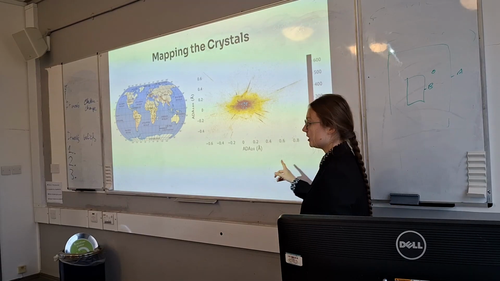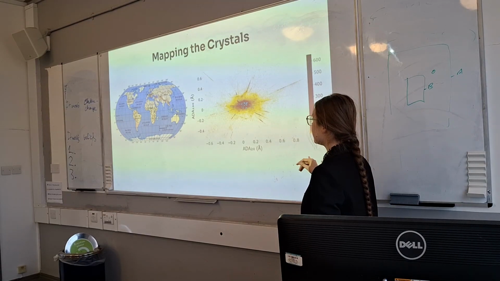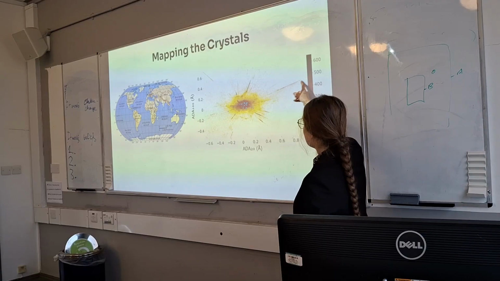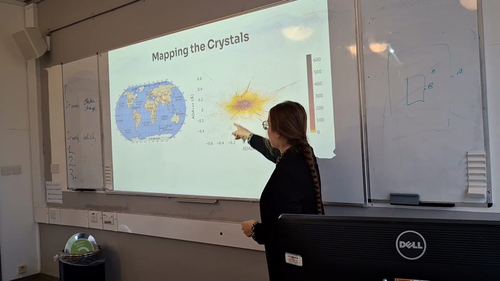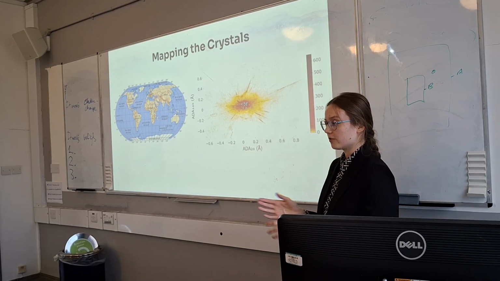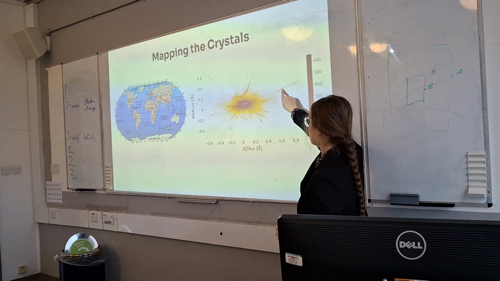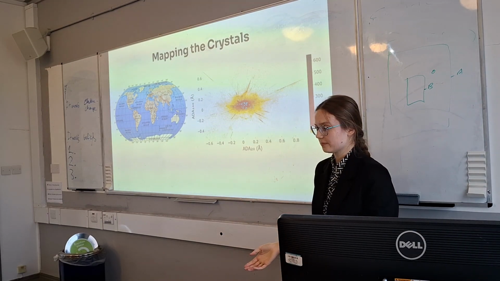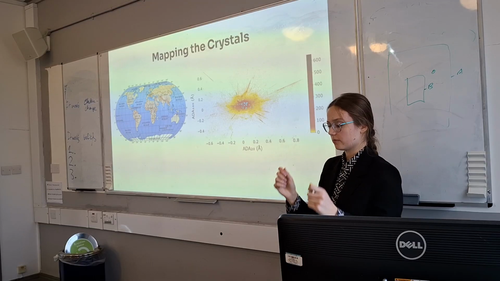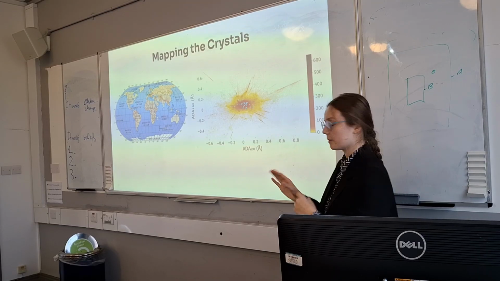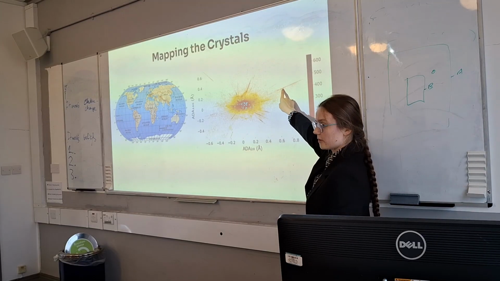Why is mapping really cool? Basically, you see these lines, these lines can tell you something about the space of all crystals. So each point is an equivalence class of all crystals that move around in space. They're the same crystal. So I'm just going to say that point's that crystal.